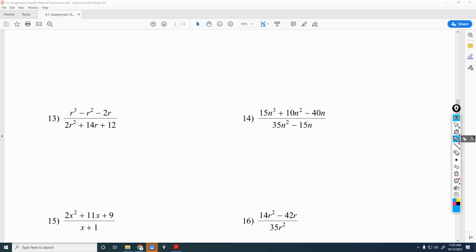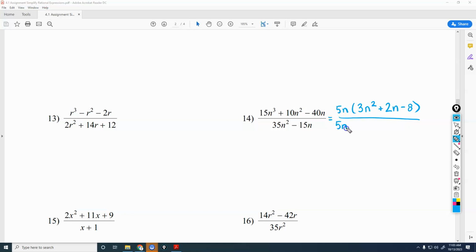So, on 14, what's the first thing I always look for? Greatest common factor. In the numerator, do I have a greatest common factor? Okay, what is it? 5n. And so if I take out a 5n, it's like I'm dividing everything there by 5n. I will get 3n squared plus 2n minus 8. In the bottom, what's my greatest common factor there? 5n.